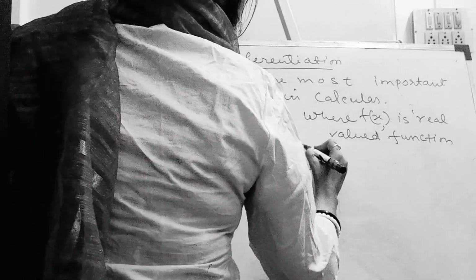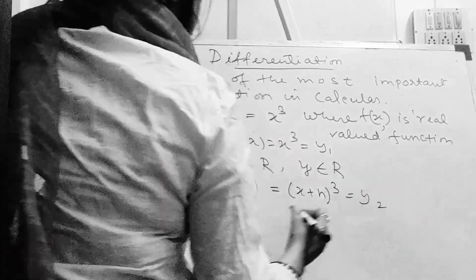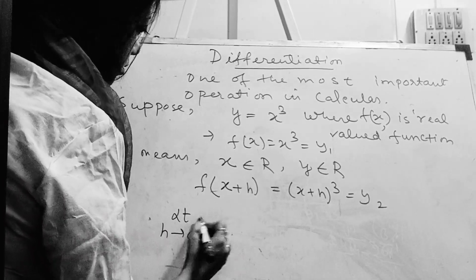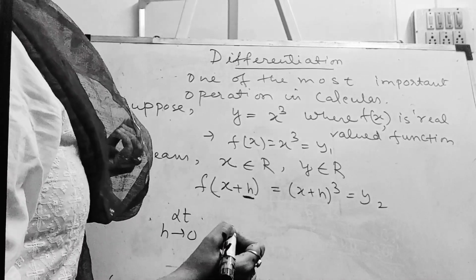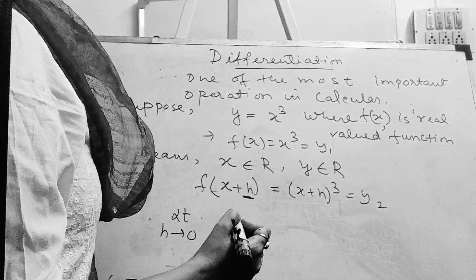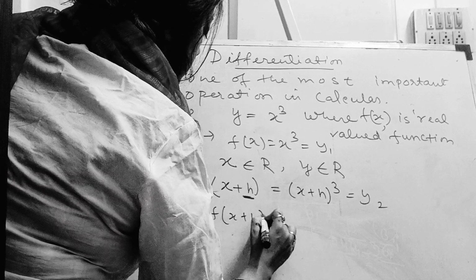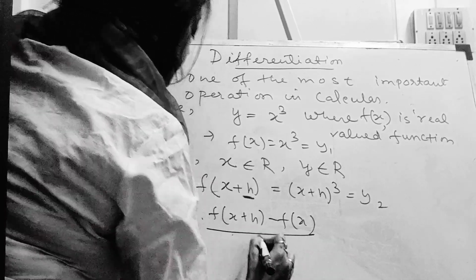Now if this is y1 and this is y2, limit h tends to 0, which means the value of h is very small, very close to 0, of f(x plus h) minus f(x), divided by h.